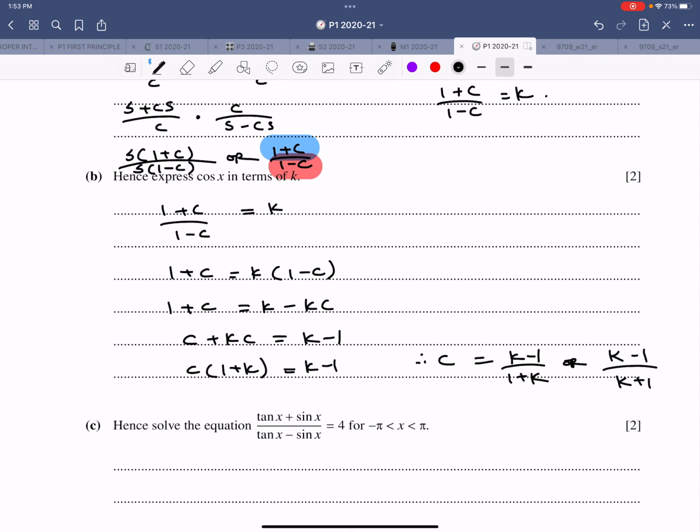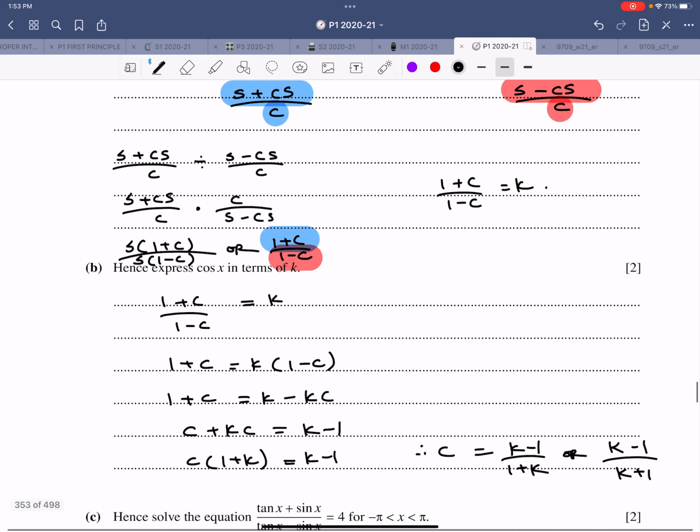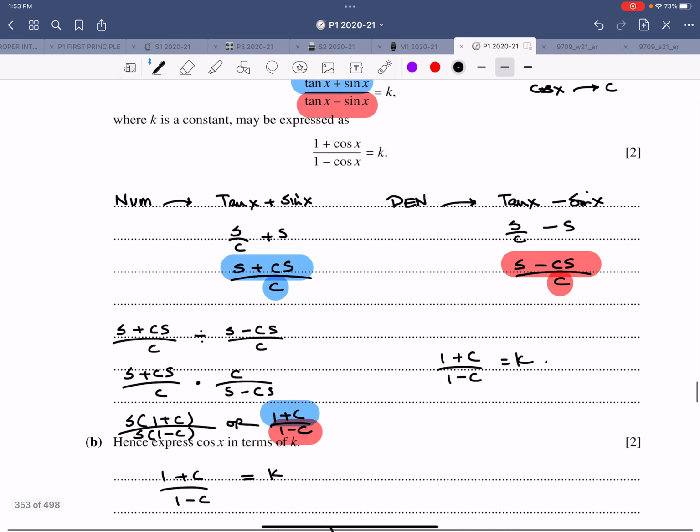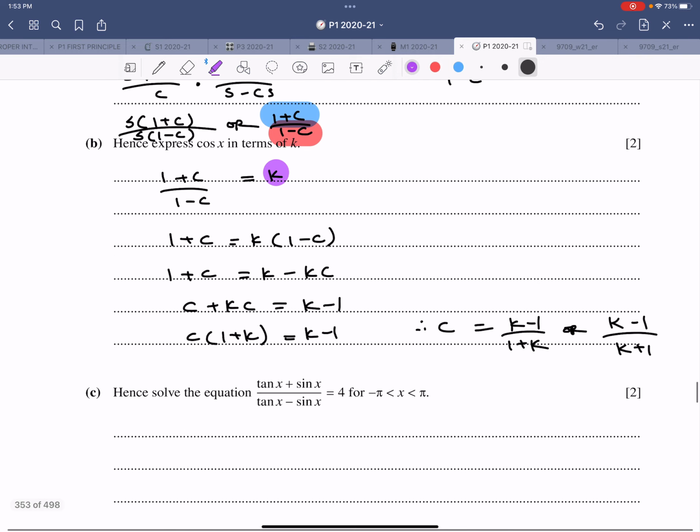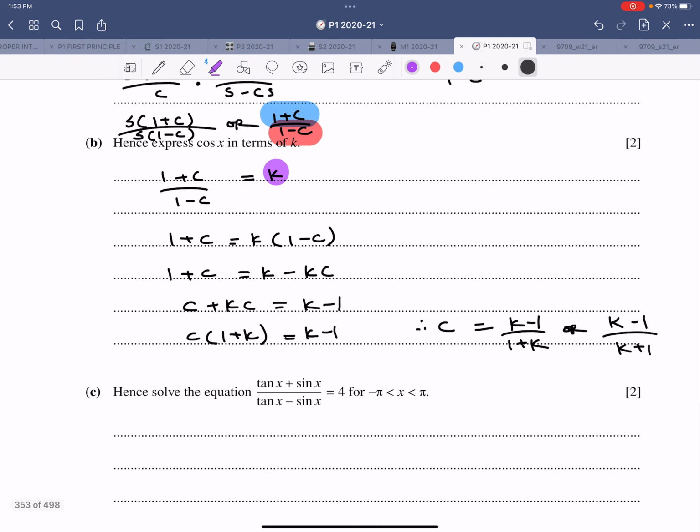Now it says, hence solve the equation: tangent x plus sine x over tangent x minus sine x equals 4. So basically, isn't that k equals 4? Have a look. 1 plus cosine over 1 minus cosine equals k. So this is your k and this was your k, and then you made c the subject in terms of k.